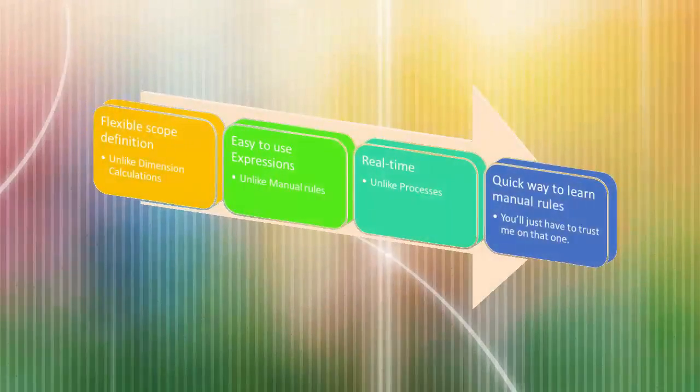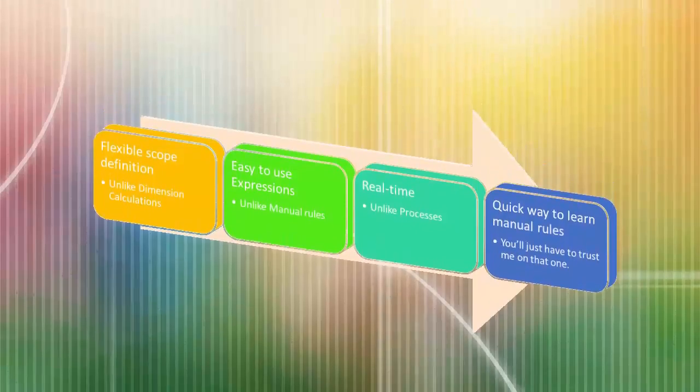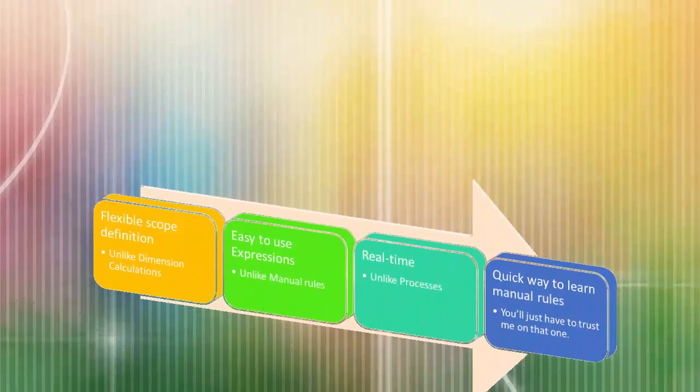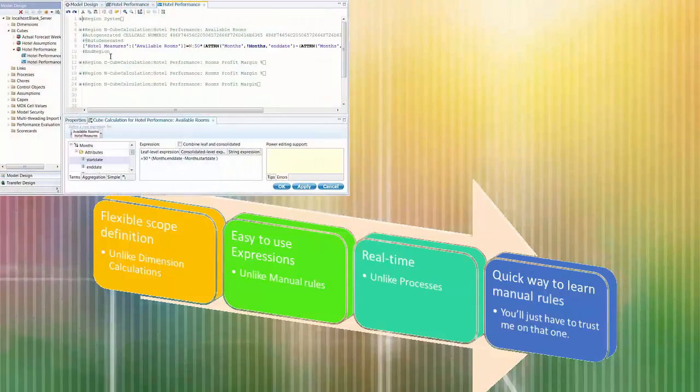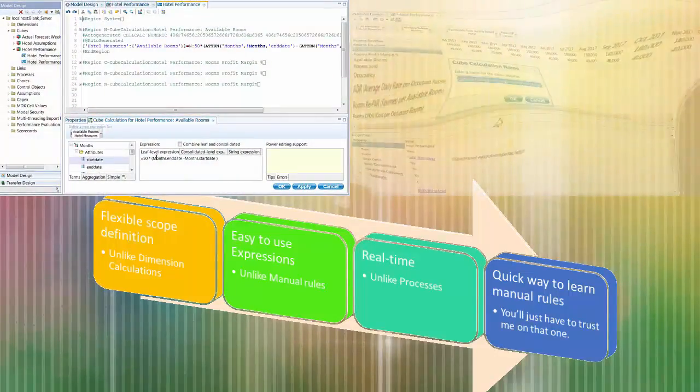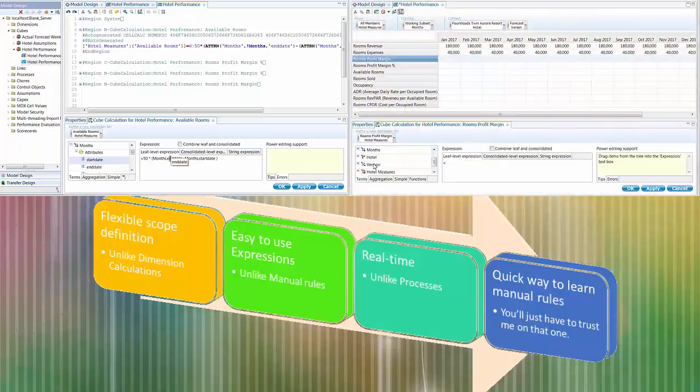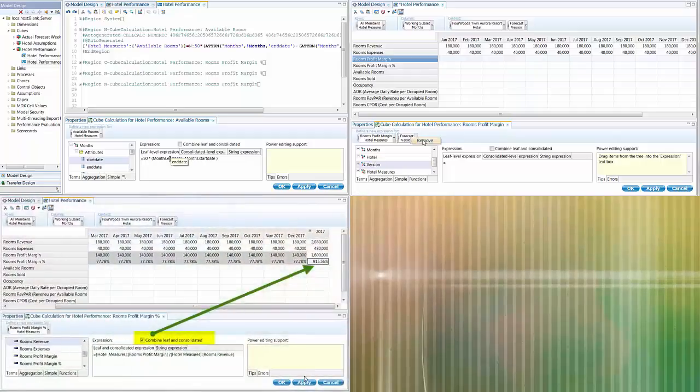So in the last 20 minutes, we've learned that cube calcs are the primary approach for creating real-time model logic, but that we can use generated rules to learn how to write manual rules. We learned how to scope an expression to only apply to the cells we want it to, and how to apply our expressions at both the leaf and consolidated level of a cube when we're working with rates and things like that.